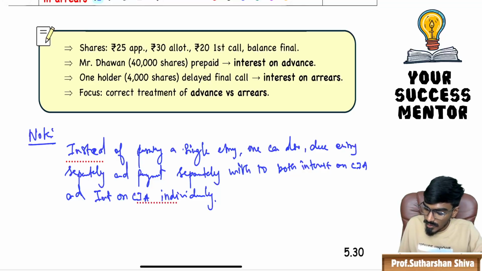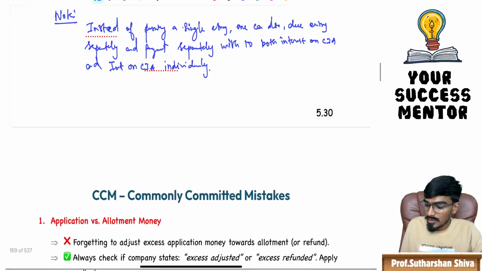Both interest on calls in advance and interest on calls in arrears individual entries can also be passed. Okay, this is also fine.